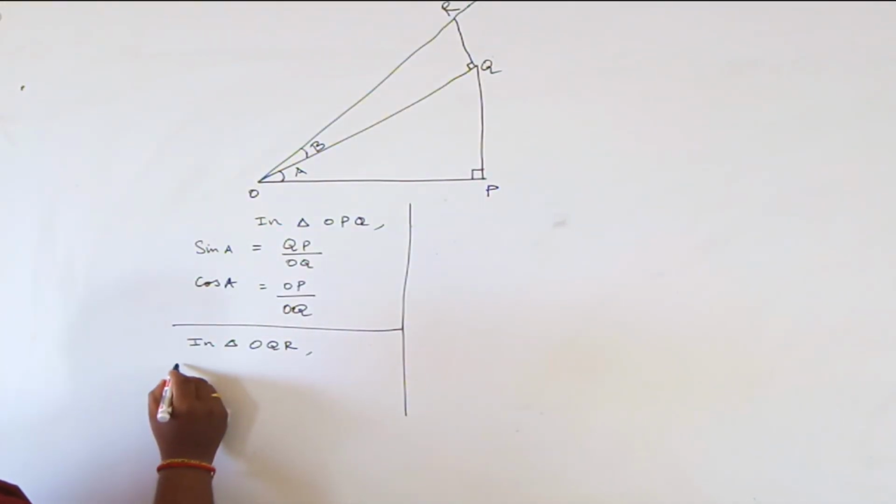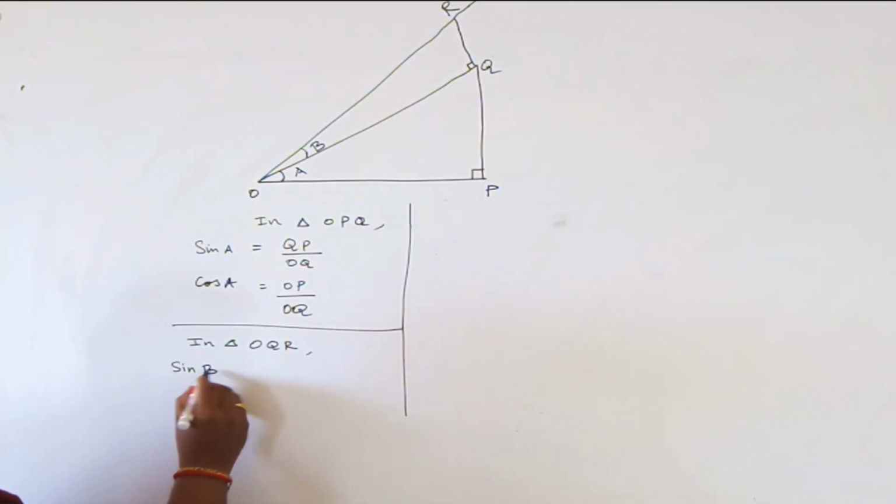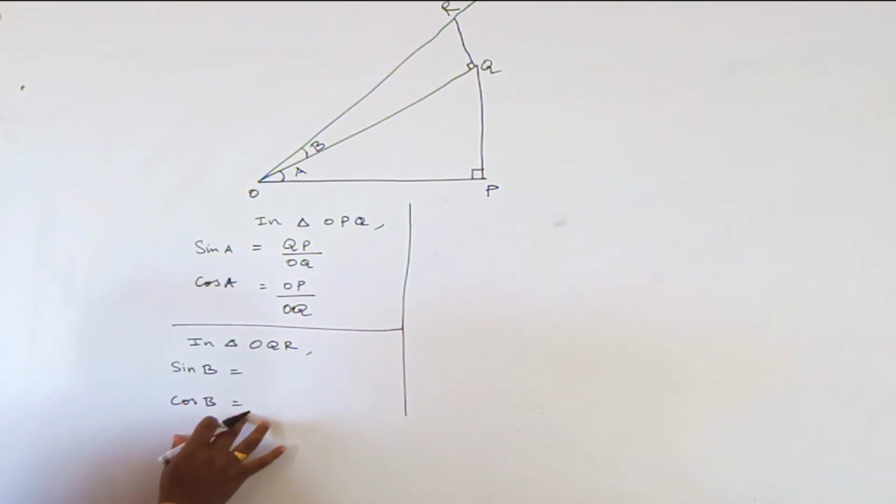So in this triangle, we get sin B, cos B, tan B, whatever it may be. Now we are taking only sin B and cos B.